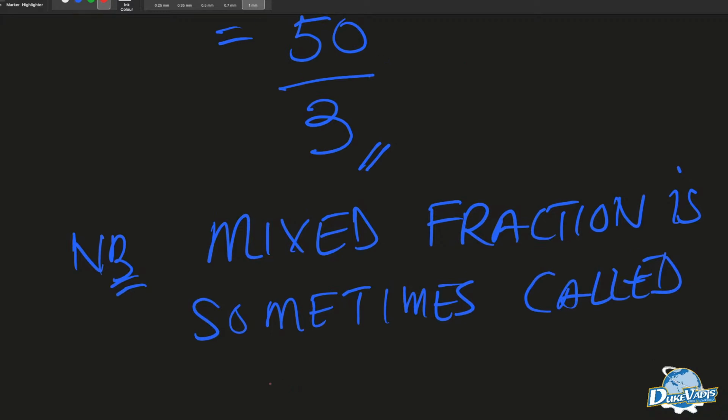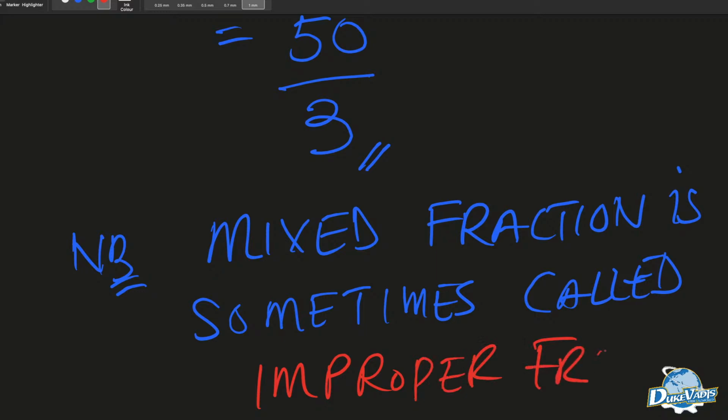It's sometimes called improper fraction. Okay? So mixed fraction is sometimes called improper fraction. They are improper fractions because of the first number that comes before the actual fraction. That is why we call it the improper fraction.